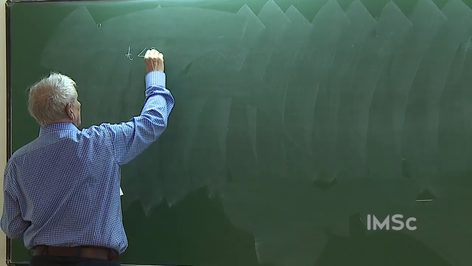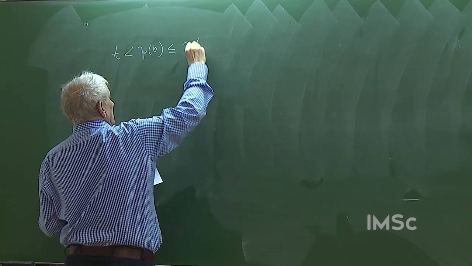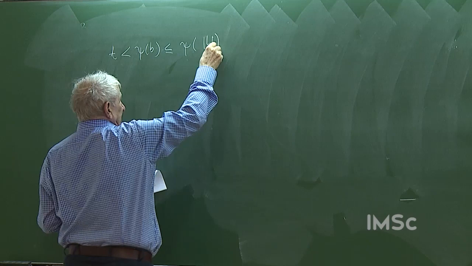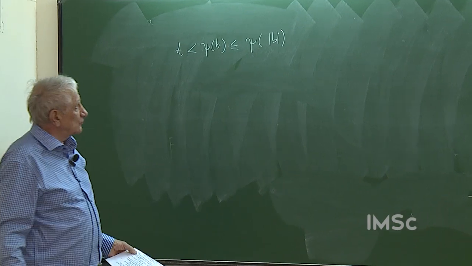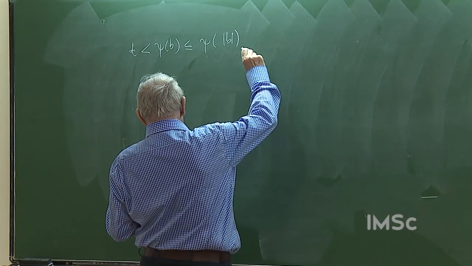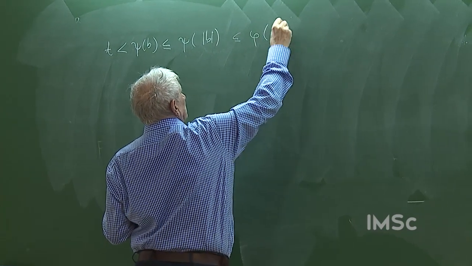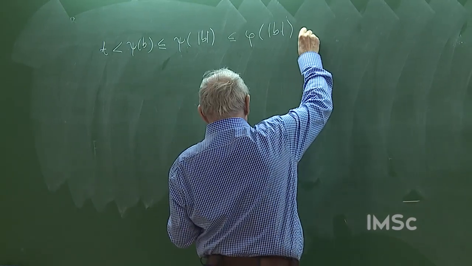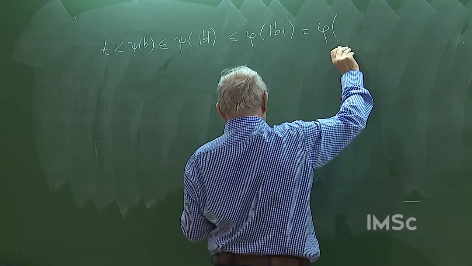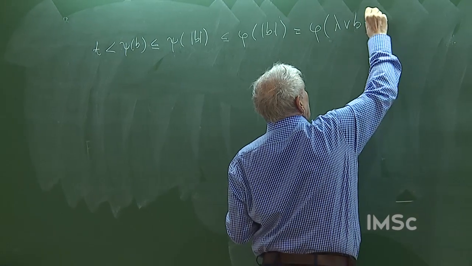Now we get the following: T, which is less than psi of B, is less than or equal to psi of the absolute value of B, because psi is a positive form and B self-adjoint is less than the absolute value of B. And this is less than phi of the absolute value of B, because by assumption psi is less than phi, and this is equal to phi of lambda VB plus lambda bar BV.